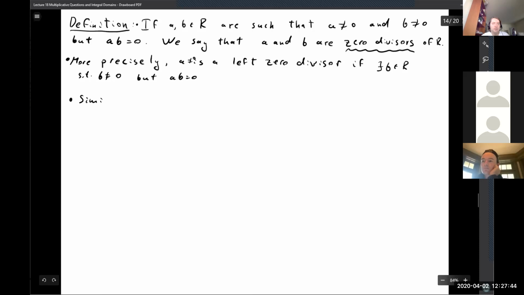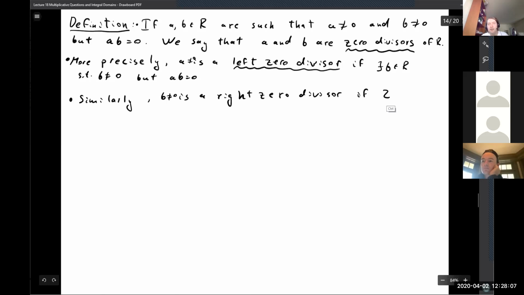Similarly, b is a right 0 divisor if there exists a non-zero a in R such that ab equals 0.